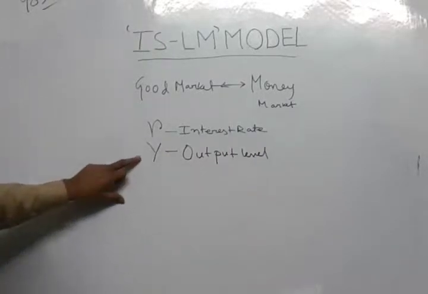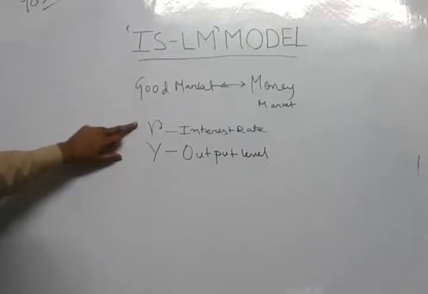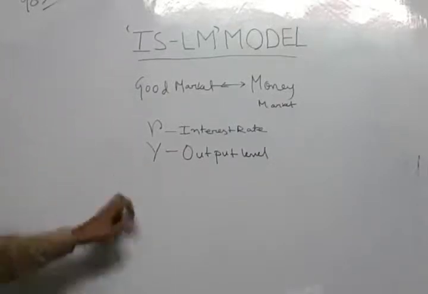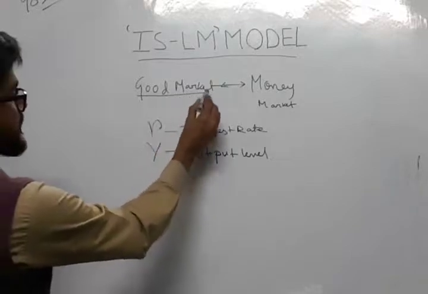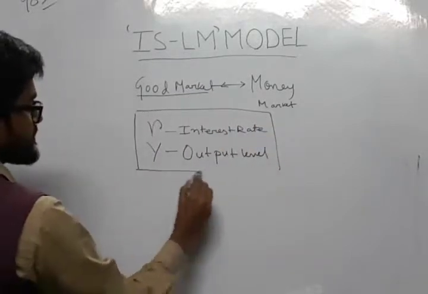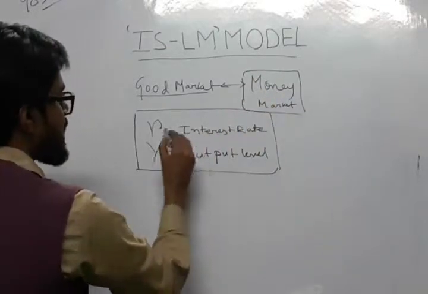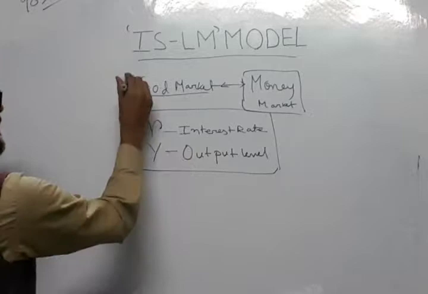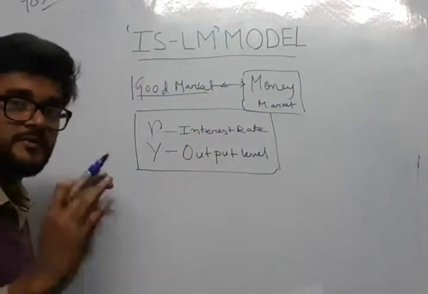So here we have to remember the ISLM model shows the relationship between R and Y. Now we'll see in terms of the goods market what is the relationship between R and Y. Then we'll see in terms of the money market what is the relationship between R and Y. Then we'll club them together to get the general equilibrium level.